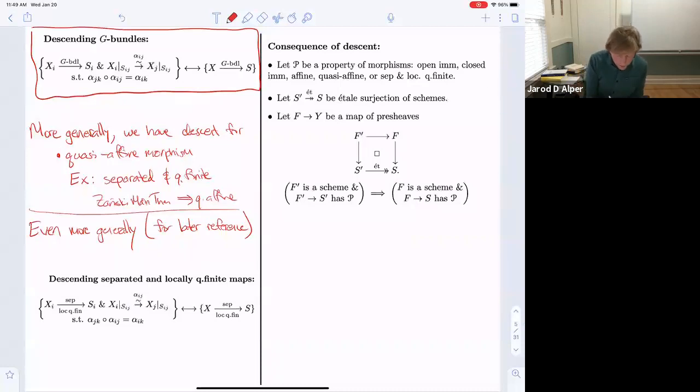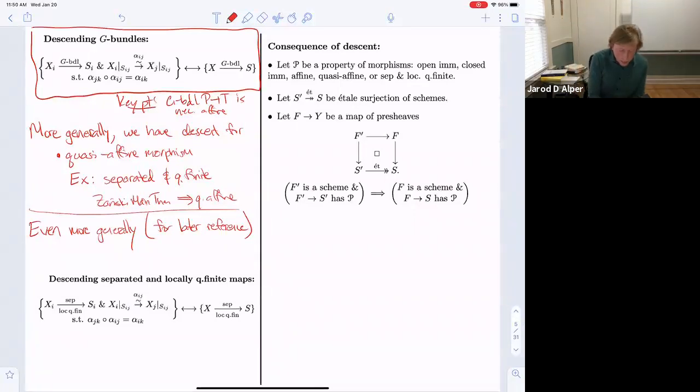The reason this works, the key point, is that we're assuming G is smooth and affine, so a G-bundle P to T is necessarily an affine morphism. So you first descend it just as an affine morphism, and then you descend all the other structure that makes it a G-bundle, essentially just using descent for morphisms.